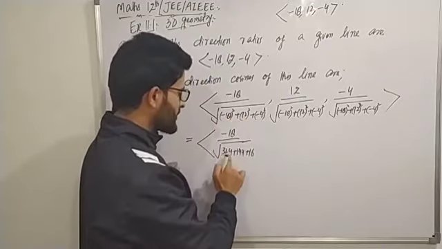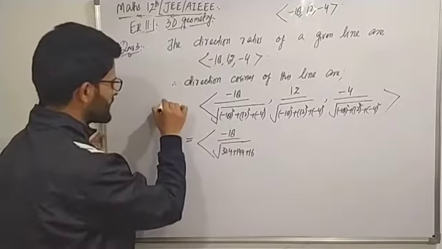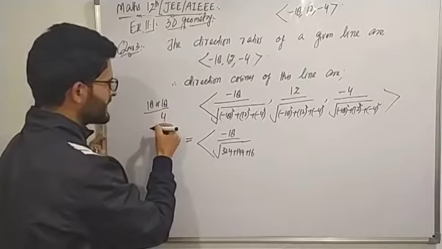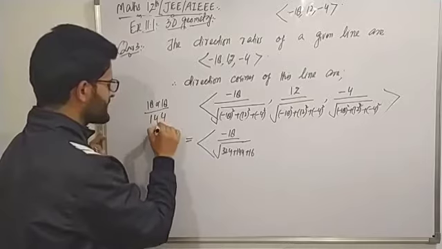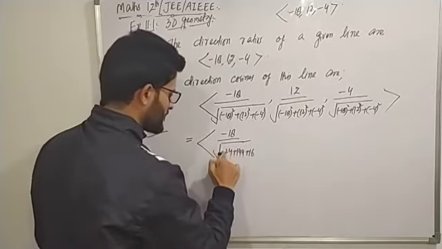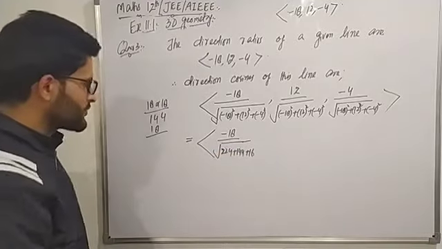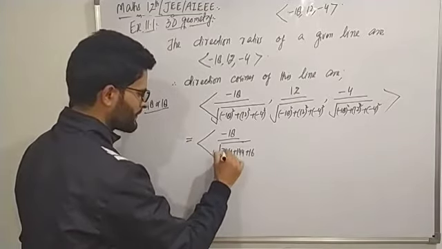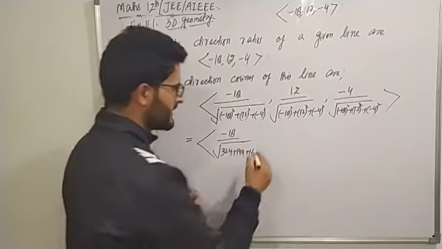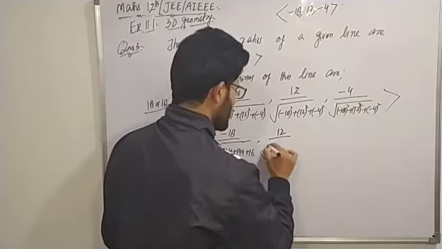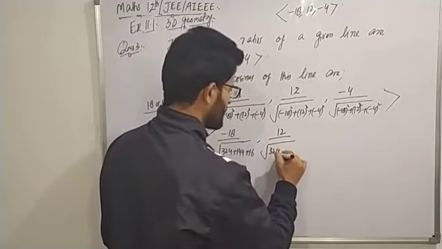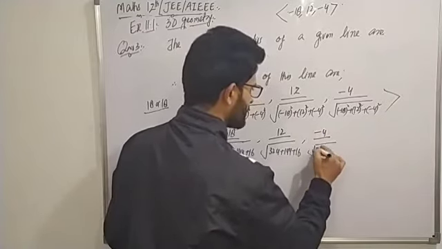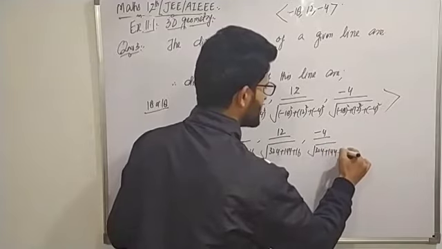You can also check minus 18 square, 18 times 18 is 324. So 324 plus 144 plus 16, and the second would again be 12 divided by the non-negative square root of 324 plus 144 plus 16, and the third is minus 4 divided by the non-negative square root of 324 plus 144 plus 16.